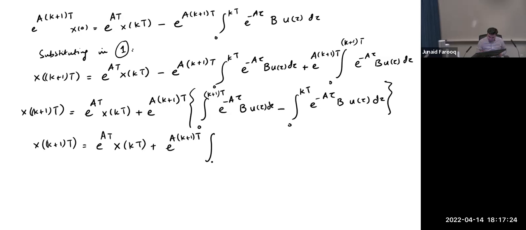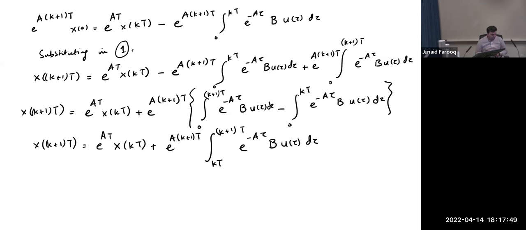Basically it means that it's integrating from kT to (k plus 1)T. So we reduce the solution to this expression.